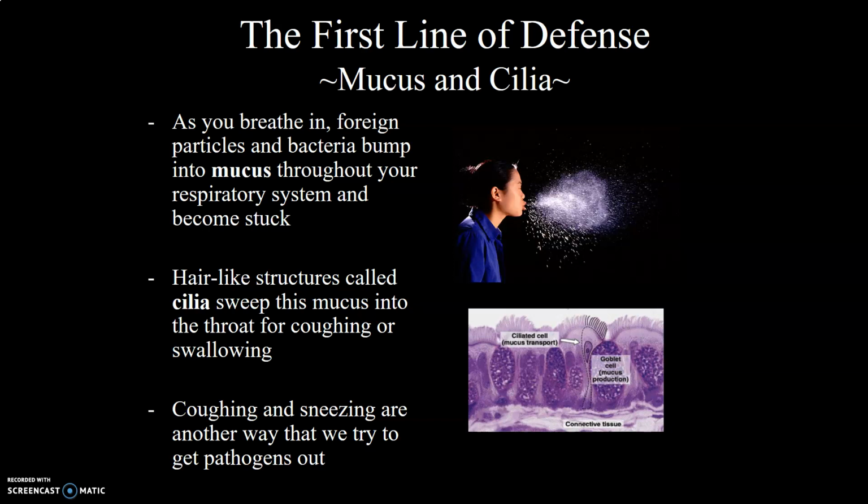Coupled with this mucus, hair-like structures called cilia work to sweep the mucus into the throat for coughing or swallowing. So coughing and sneezing are other ways that we get pathogens out of our bodies.